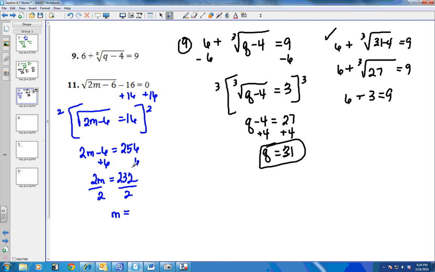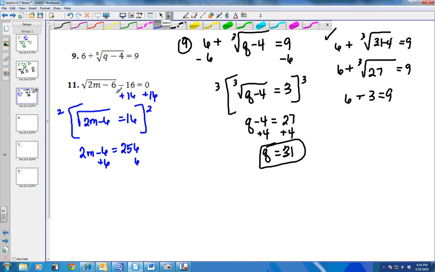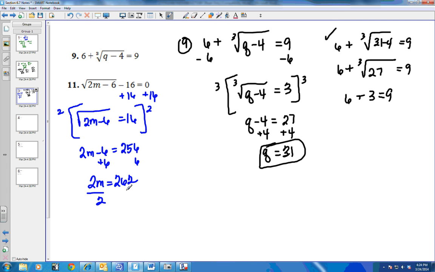Oh, I think I didn't add right. So let's go back right here. So 256 plus 6. That's going to give me 262. Sorry about that. Divide by 2. So m equals 131.